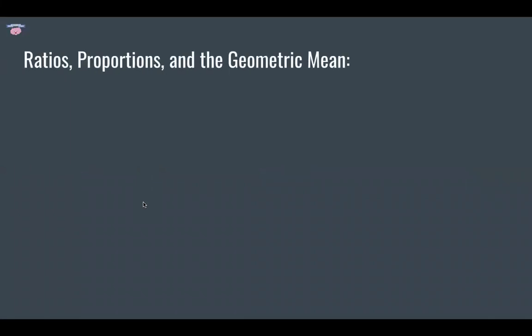So before we get into similarity, a bit of algebra background. You might know this stuff from Algebra 1, but if not, this is just a recap. First, a ratio. A ratio is basically a comparison of two quantities, and it's basically division. I'll give you a quick example.